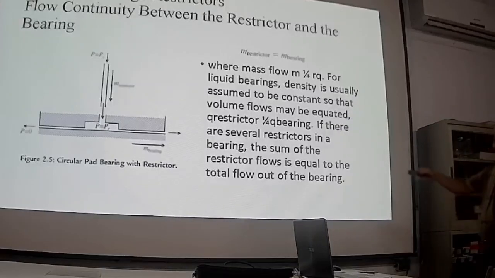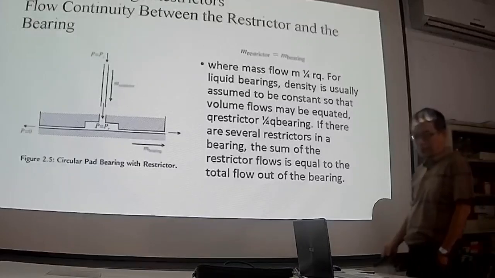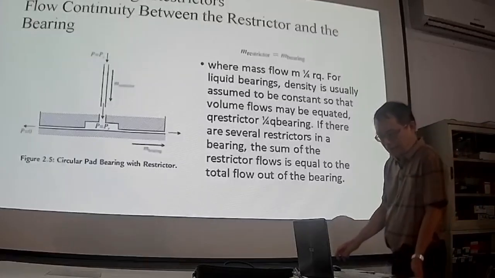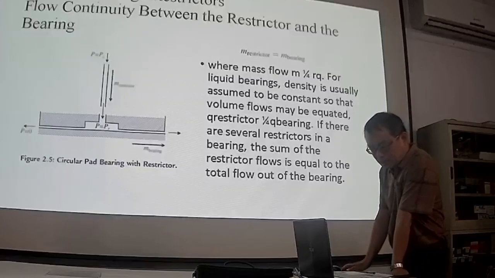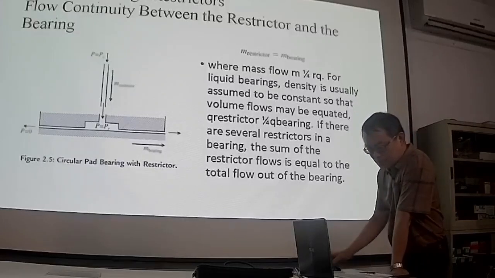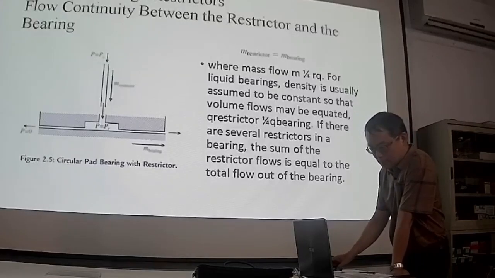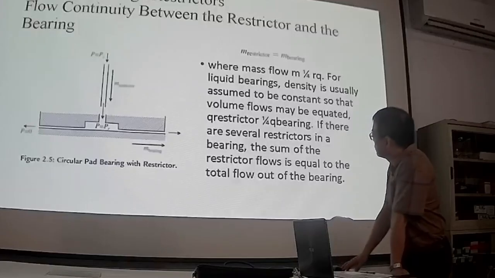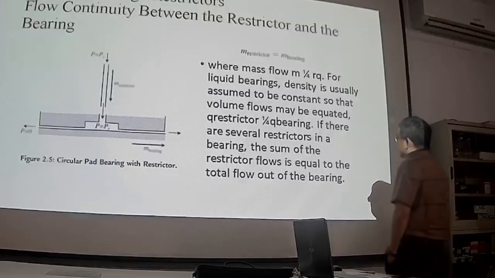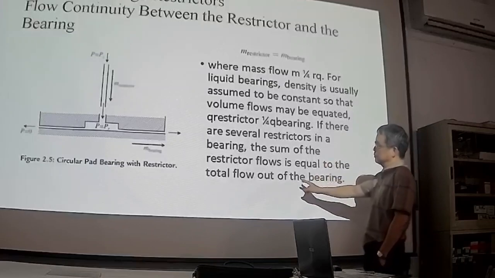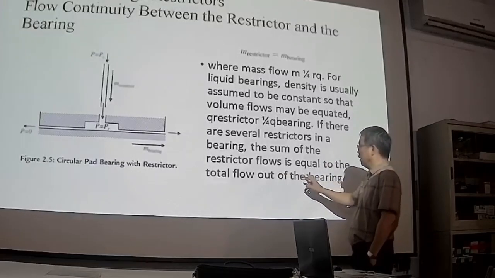The mass flow rate passing through the restrictor should be the mass flow rate getting out of the bearing. The restrictor flow should be equal to the total flow out of the bearing.